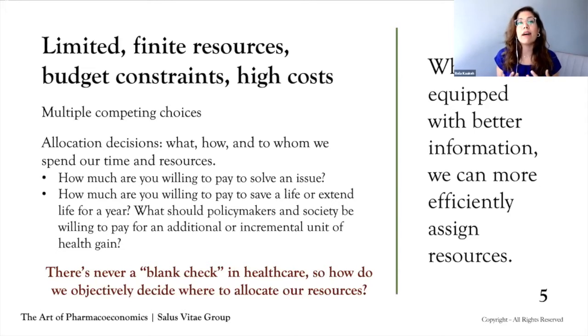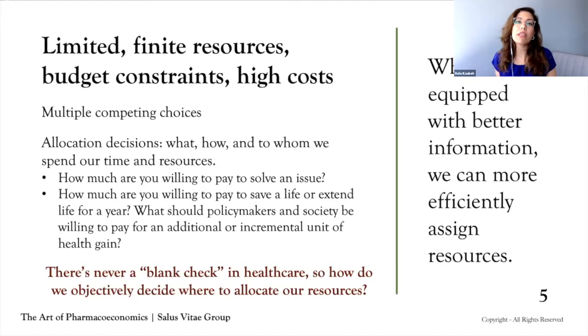Now, in an unlimited mindset, we would think we should pay as much as we can in order to save a life. But remember, we have to keep in mind that there is never a blank check in healthcare. There's never a blank check overall. So that means we actually have to objectively decide where to allocate our resources. And we think a lot about our decisions when it comes to clinical decisions, to think what is the most clinically appropriate, say, medication or procedure or service.